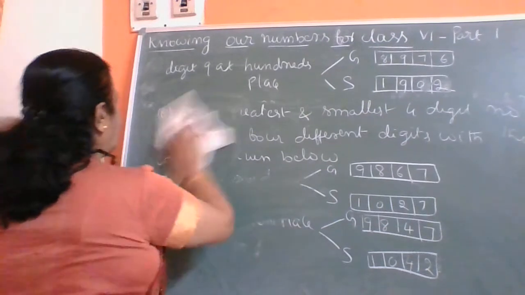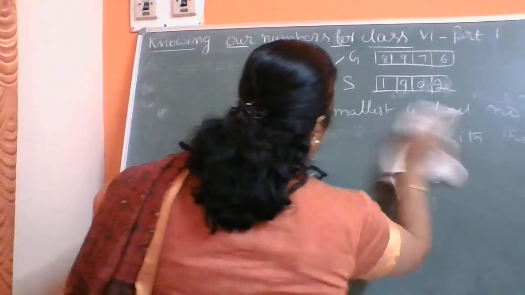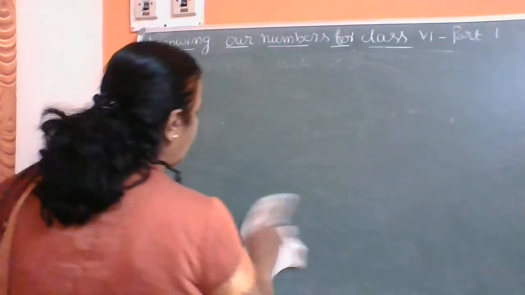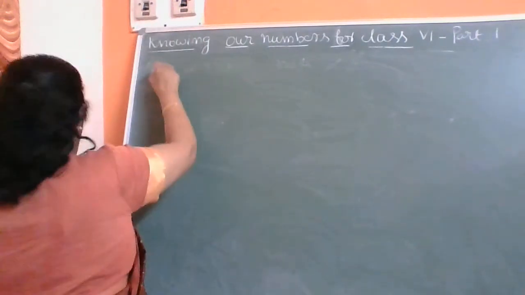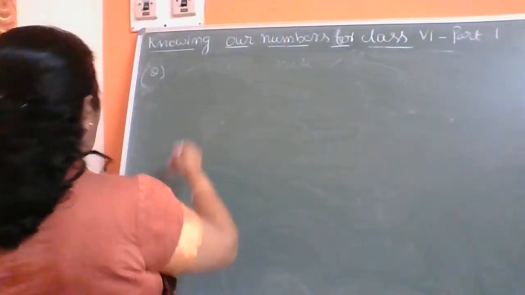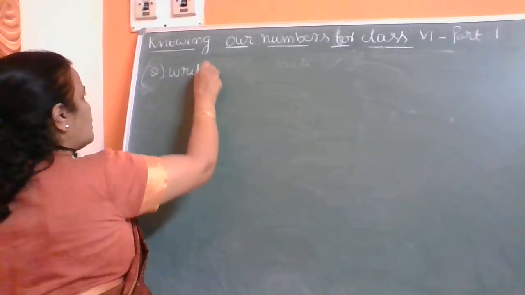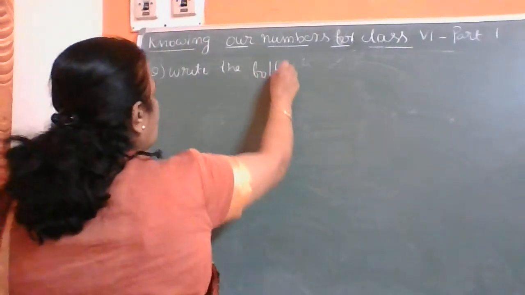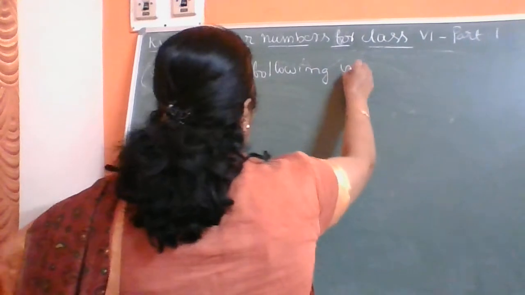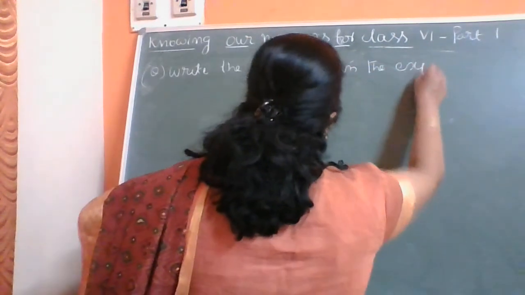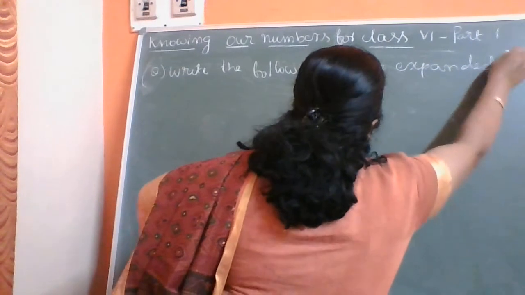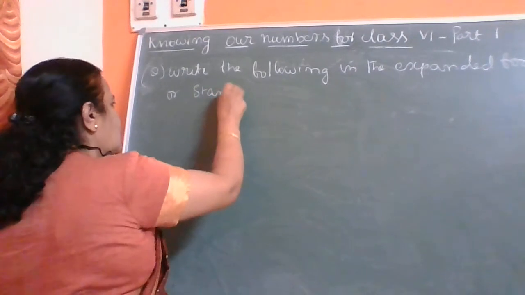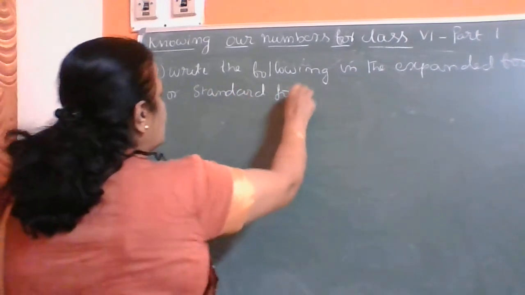And one more type of sum which you have learnt already in the smaller classes, but here we are going to take a little bigger number. Now the question: write the following in the expanded form or the standard form.